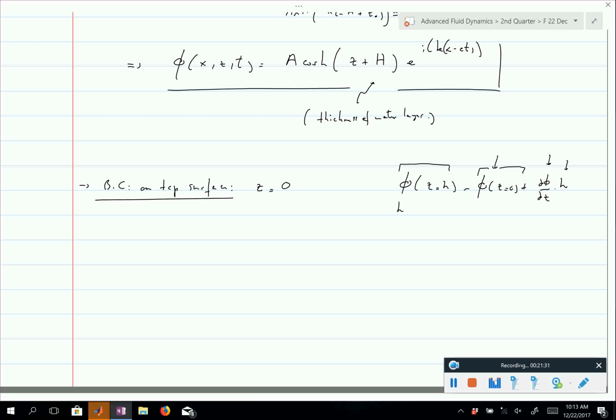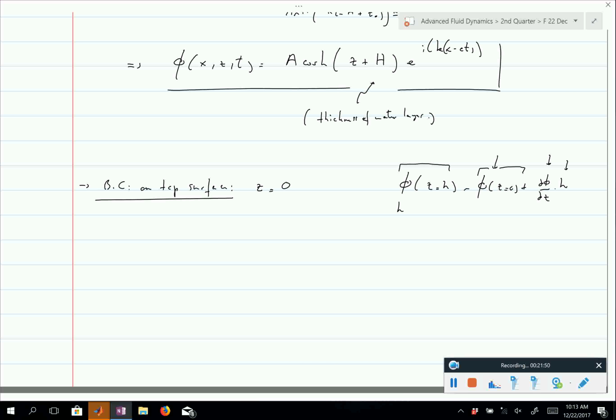Whenever you're doing a small perturbation analysis, you look at the biggest small term. So we're going to assume phi is small, h is small, so we'll look at this term. If you have anything which is the product of phi and h, or h squared, then this is small times small, this is really small, so those we neglect.